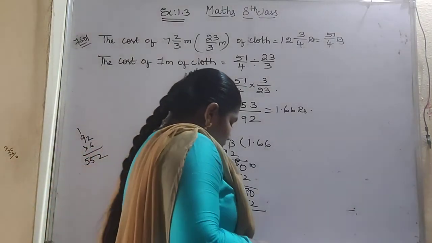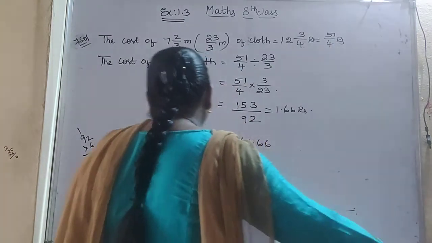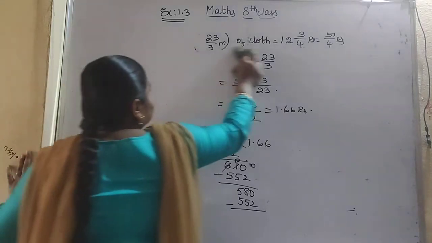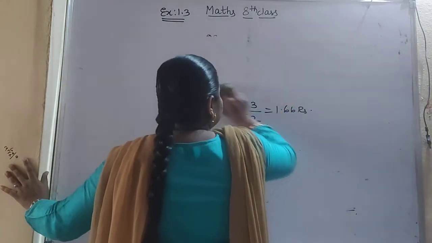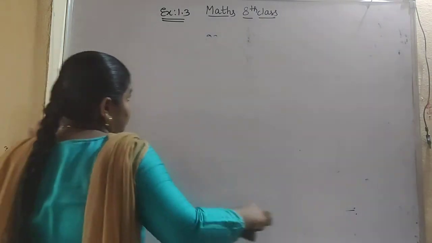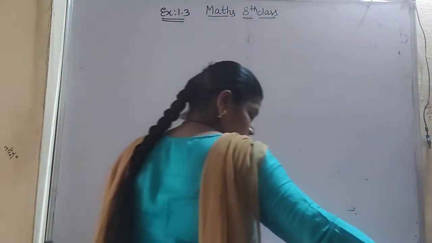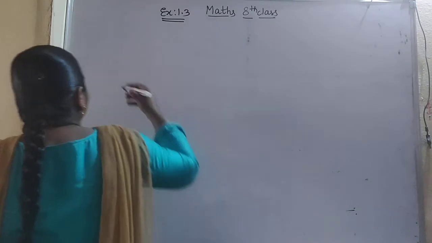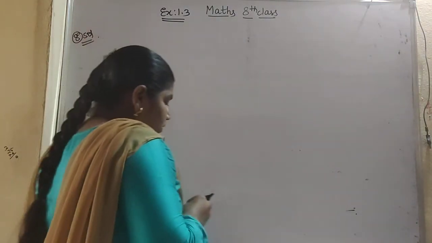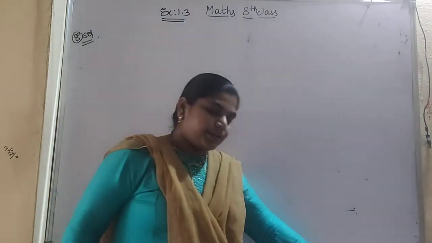Next is the eighth one. Eighth solution, find the area of a rectangular park.